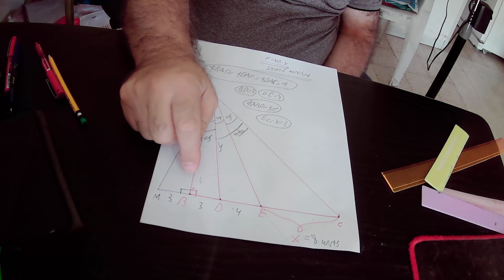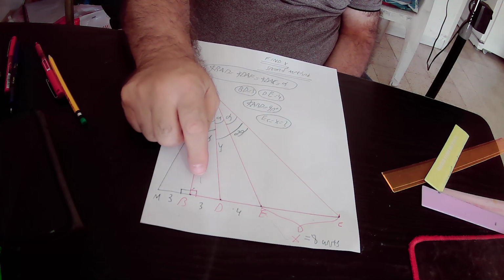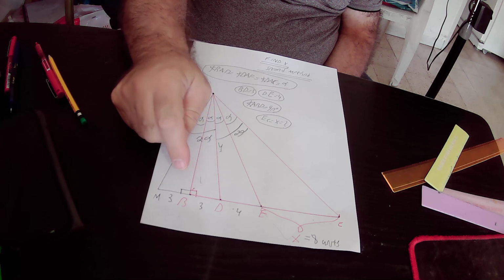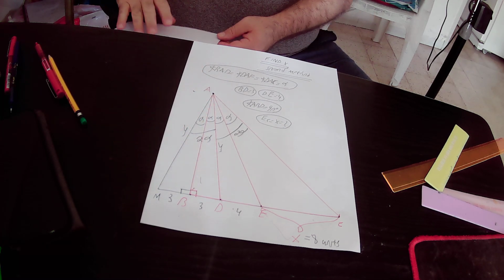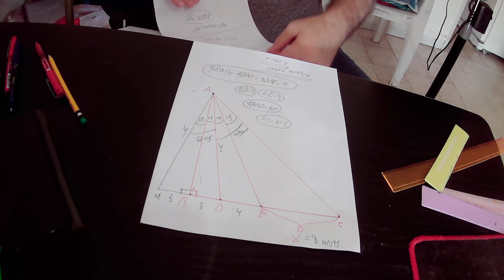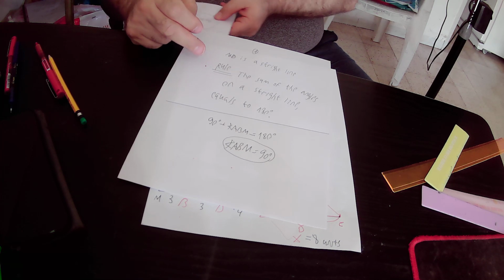So what are the angles at point B on the straight line MD? This angle that is 90 degrees plus the size of angle ABM must be equal to 180 degrees, according to this rule.